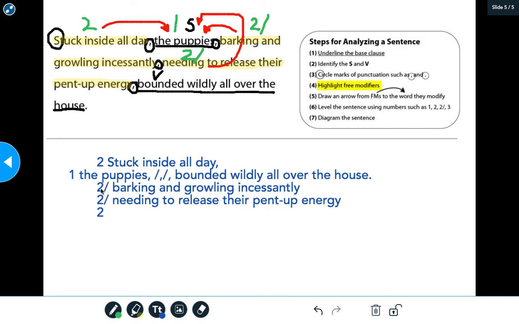They both look like they come after the base clause. The final position free modifier is the only one that comes after the base clause. These 2 slashes let readers know that, hey, these are medial position free modifiers. See, you can see them up here in the base clause as well. So final position, medial position, initial position.